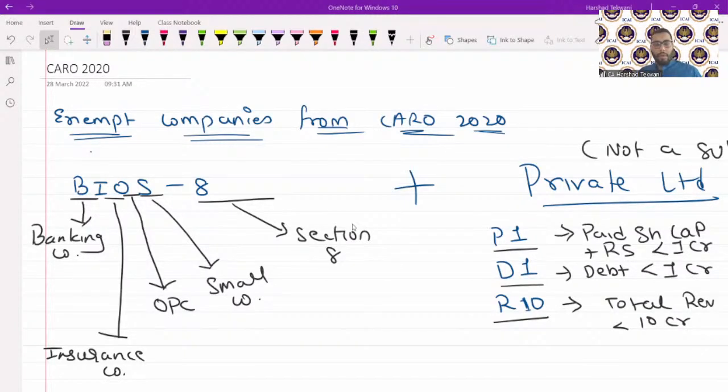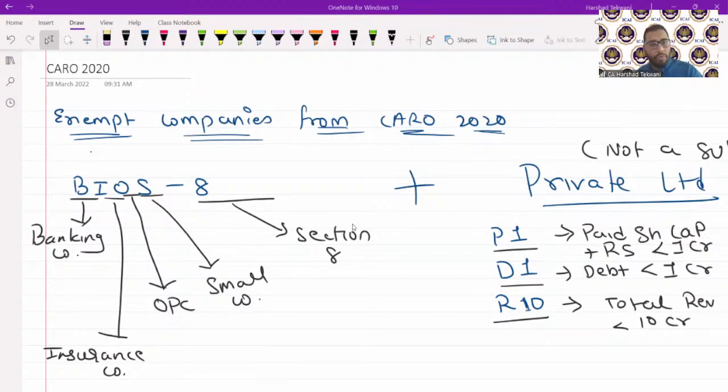Good question, Murali. Whether NBFCs are also covered under the exemption from applicability of CARO. Now, if you see the exemption provided in CARO, it talks about a banking company as defined under Clause C of Section 5 of the Banking Regulation Act. When I talk about NBFC, it is defined under Section 45-IA, if I'm not wrong, of the RBI Act.